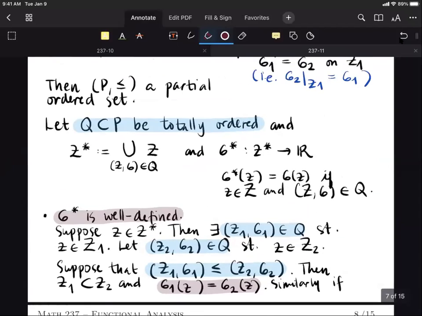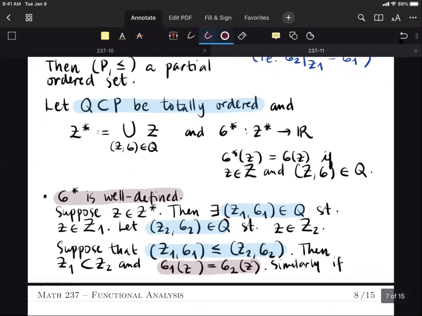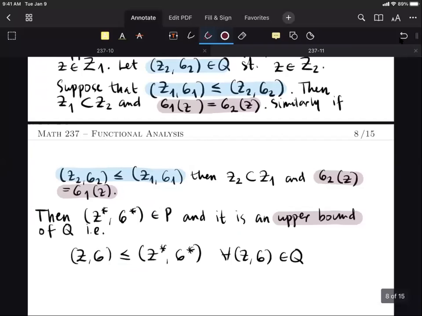So any totally ordered subset of P is bounded from above or has an upper bound.